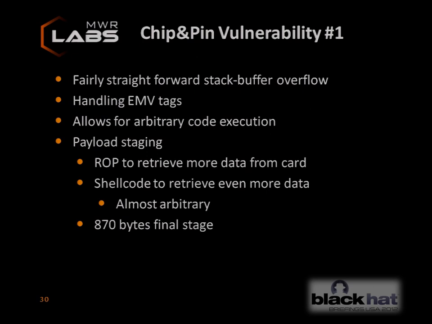However, we were able to use these 40 bytes to do return-oriented programming to call the methods that request more data from the smart card, in order to retrieve more data from the smart card, which then contained our second stage of the payload.